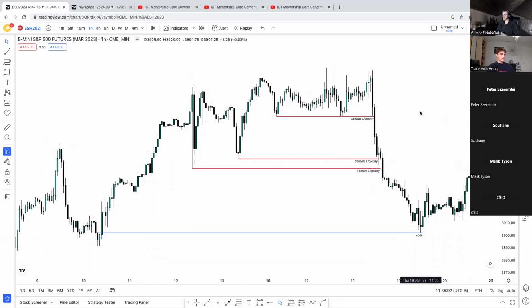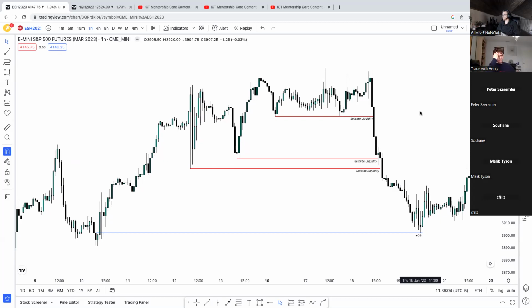The last one I'll show is a bearish breaker block. We've got our equal lows right here. We purged these highs.